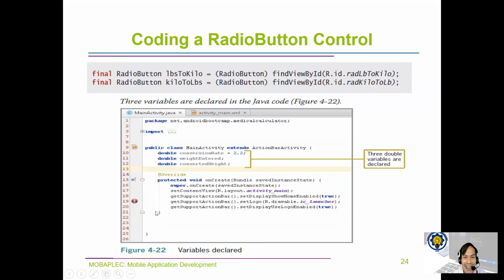Then after that, there's an override method. This is how I inserted the icon. Back then with the previous slides, it was automatically generated based on the layout that we created a while ago. Clear? Next.